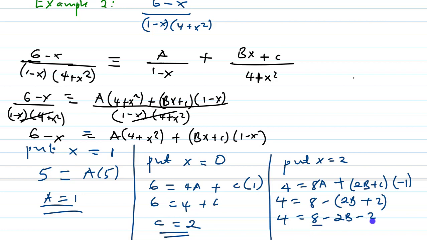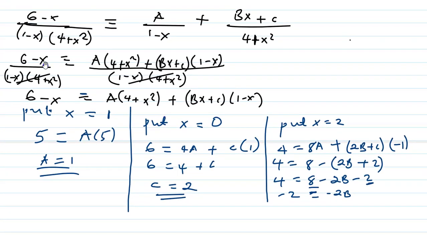So 8 minus 2 is actually 6. So 4 minus 6, that's negative 2 equals negative 2b. Negative 2 equals negative 2b. So I have b equals 1. That's a nice one.